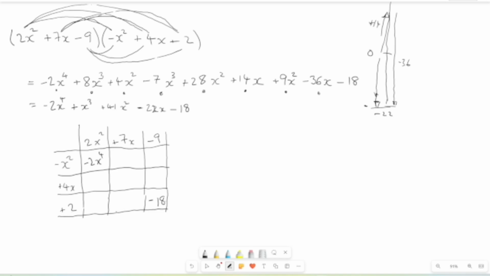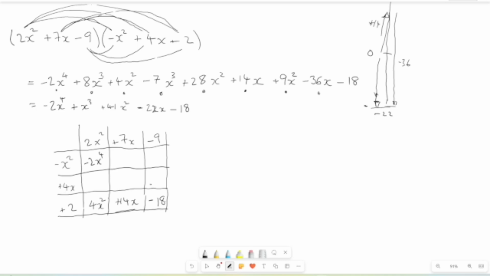Let's do this cell. Plus 2 times plus 7x is plus 14x. Again, I don't have to write the plus in really, but I've done it. 2x squared times plus 2 is, I won't write a sign in here, I'll just go with 4x squared.